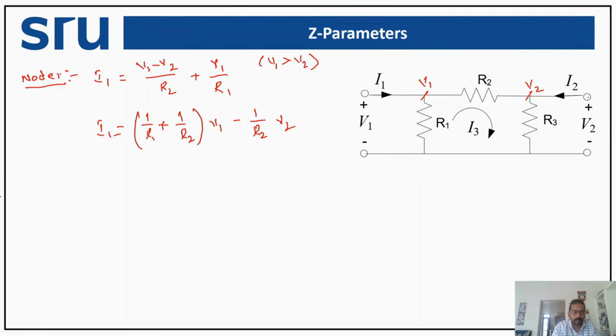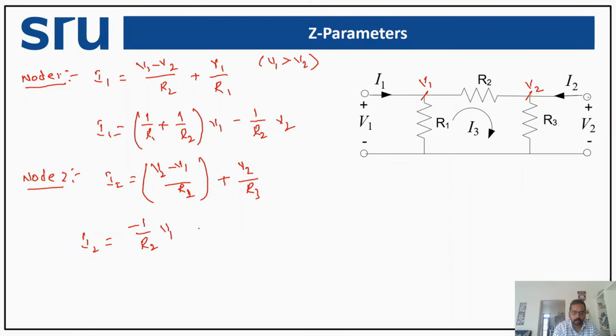Similarly, try to write at node 2. So at node 2, the incoming current is I2, and what is the outgoing current? It is V2 minus V1 by R2 plus V2 by R3. Now try to rearrange these particular equations. So we get I2 equal to minus 1 by R2 into V1 plus 1 by R2 plus 1 by R3 into V2.